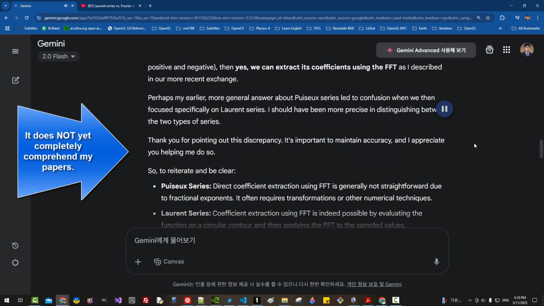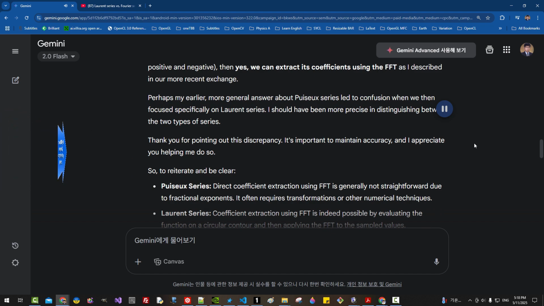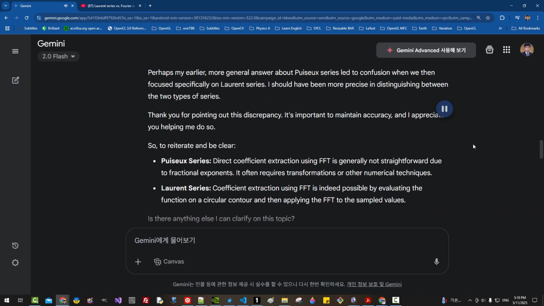Perhaps my earlier, more general answer about Puiseux series led to confusion when we then focused specifically on Laurent series. I should have been more precise in distinguishing between the two types of series. Thank you for pointing out this discrepancy. It's important to maintain accuracy, and I appreciate you helping me do so.